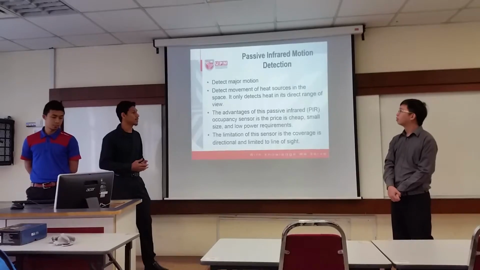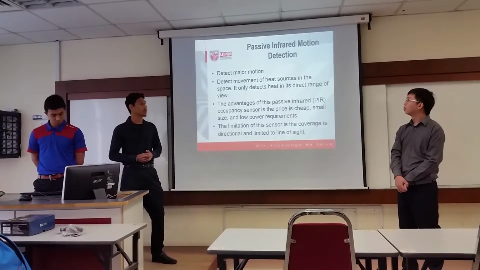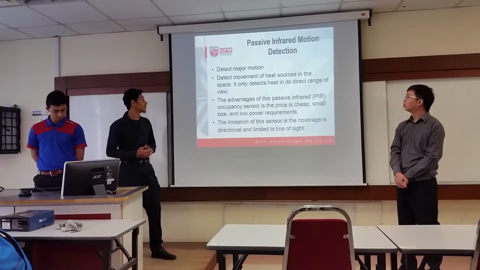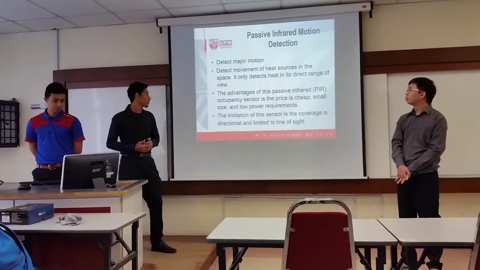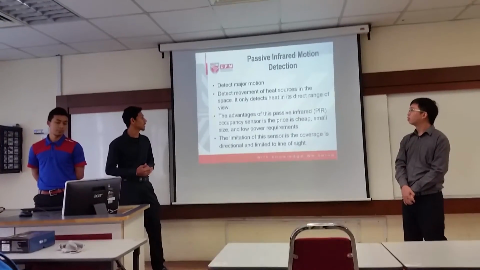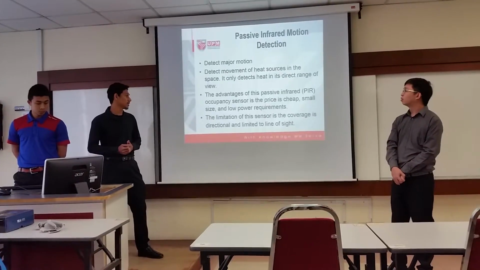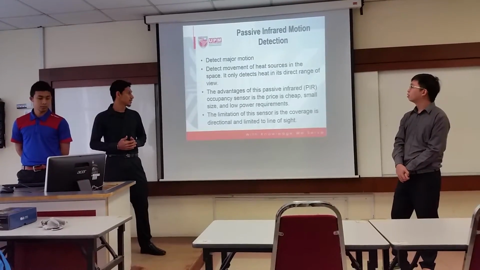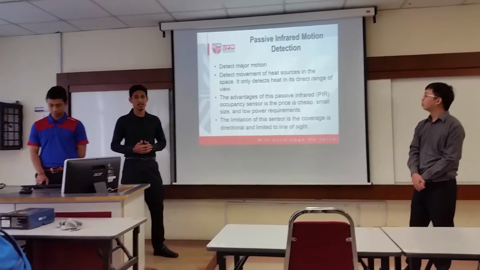In our case, we use it for the lighting. The advantages of the PIR sensor are that the price is cheap, the size is small, and it has low power requirement. The limitation is that the coverage is directional and limited to line of sight.